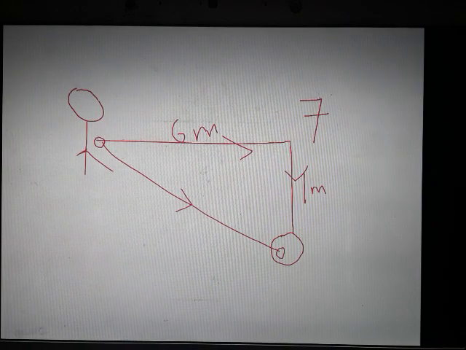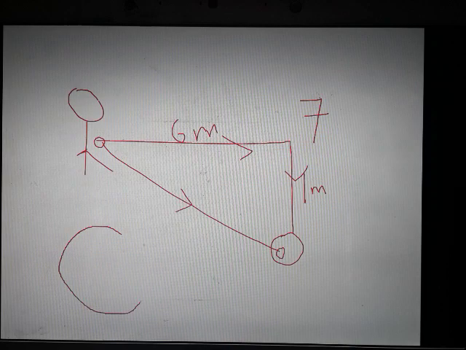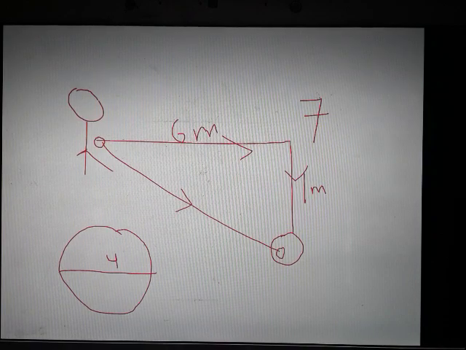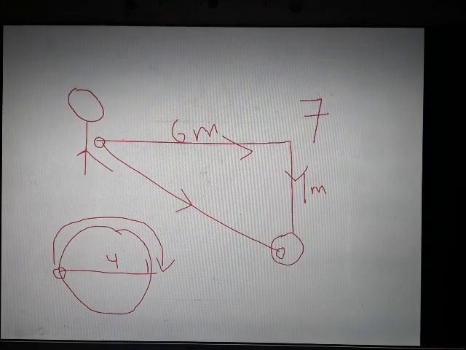One more example, I will give you an example of a circle. Let's say this is a circle of radius 4 meter. An insect is here. Now this insect is moving like this in curvilinear motion. To find this distance, what you will find is half of the circumference, that is pi r.